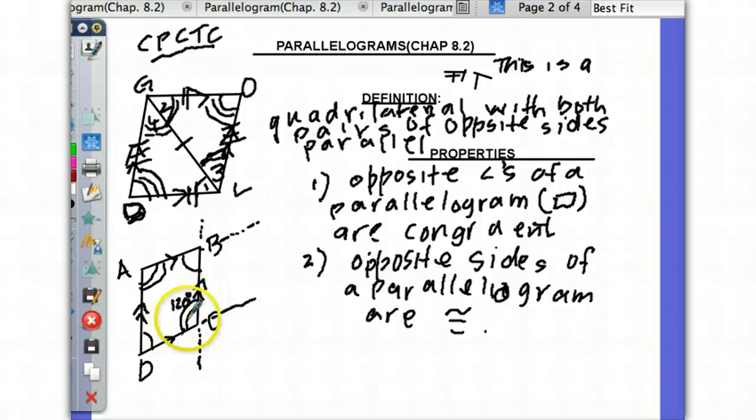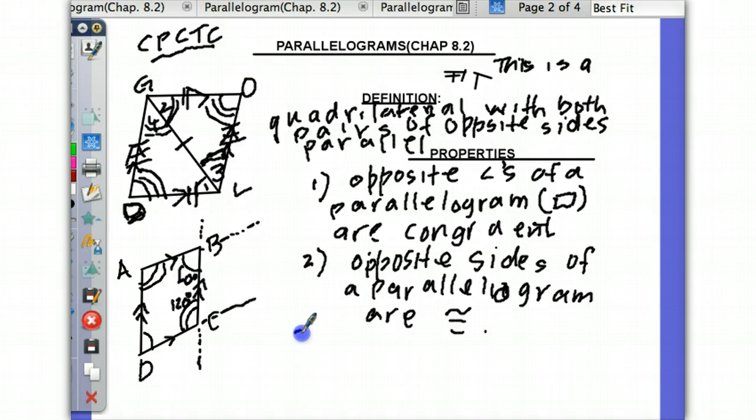This angle with this angle, angle B and angle C. Abby? Angle B and angle C, we studied that before. Is it consecutive exterior? They're supplementary. Consecutive interior angles are supplementary. So if this is 120, this would have to be 60 degrees.